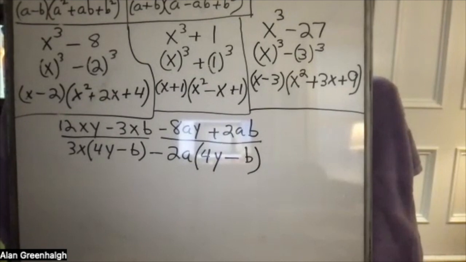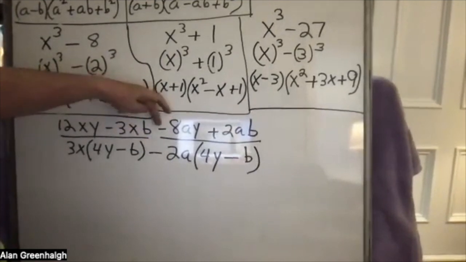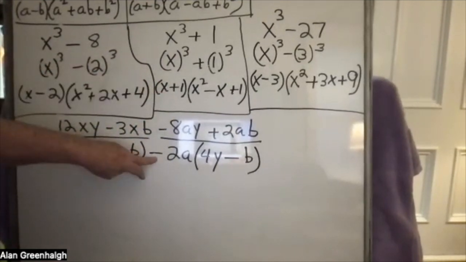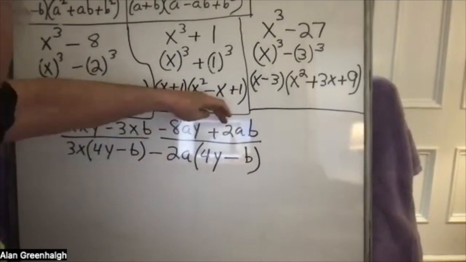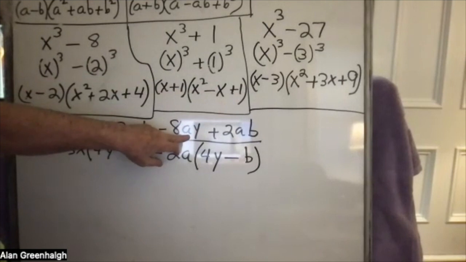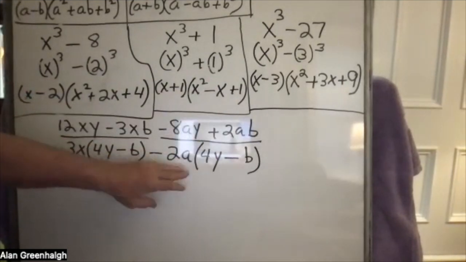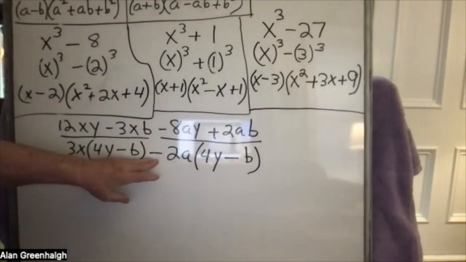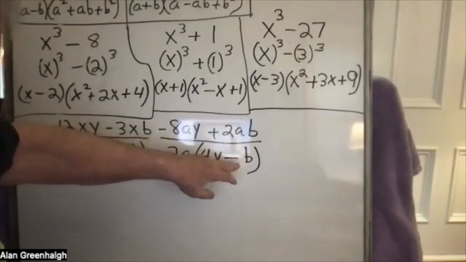I hope you see what I just did. Once again, I'm actually factoring out the negative. There it is right there. And I'm factoring out a 2 from the 8 and the 2. I'm factoring out the a from the ay and the ab. So the negative 2a comes out, and what you're left with is 4y minus b.